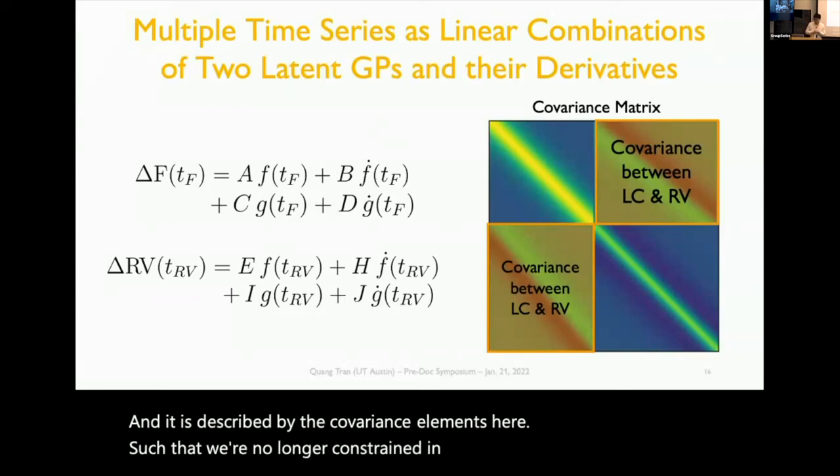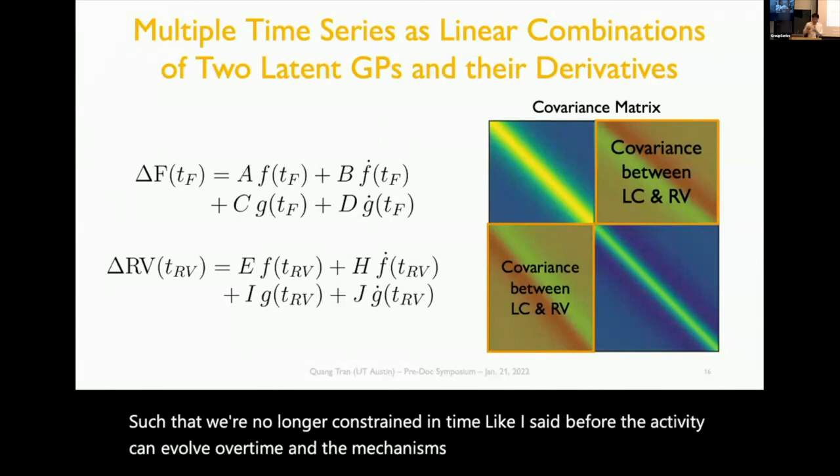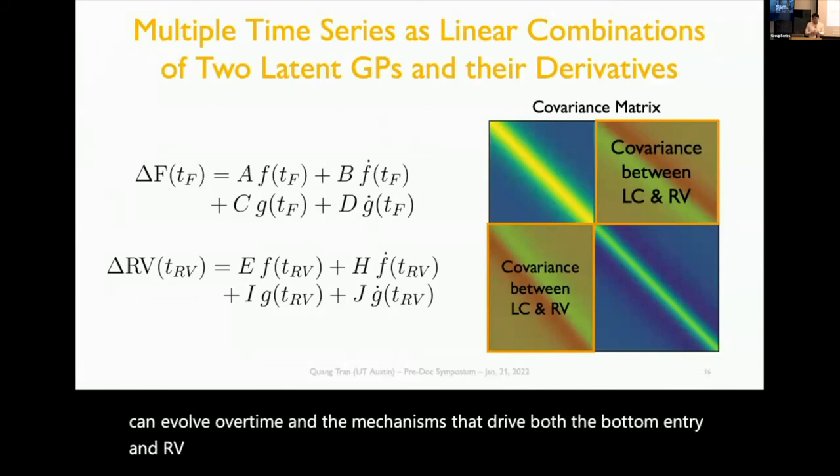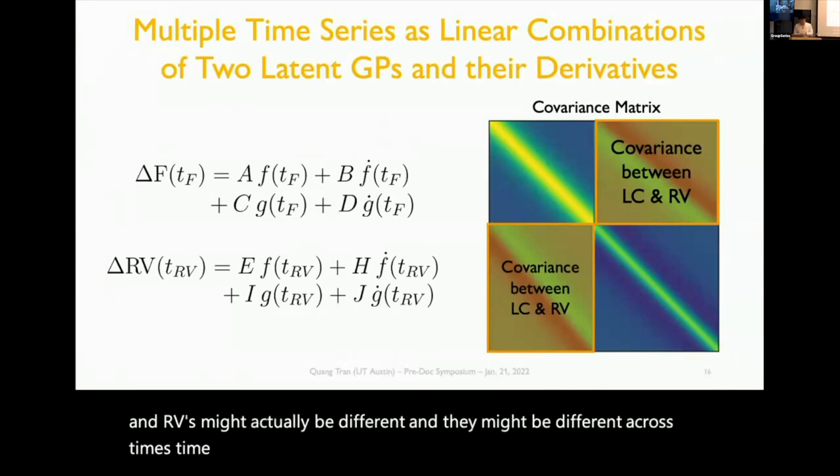Like I said before, the activity can evolve over time, and the mechanisms that drive both the photometry and RVs might actually be different, and they might be different across time scales. And so you're no longer constrained as much. You're much more flexible now.